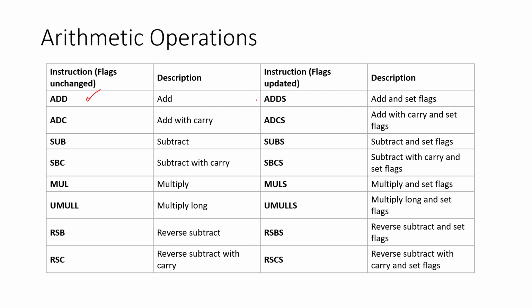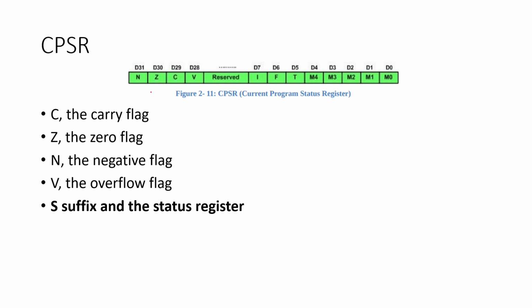That means whatever the addition or multiplication or subtraction you are doing, the effects will be shown on the flags. What are flags and how they will be affected, we'll be seeing in the further slides. If you are interested in knowing about each of these, you can pause here and view each of the instructions and its description.